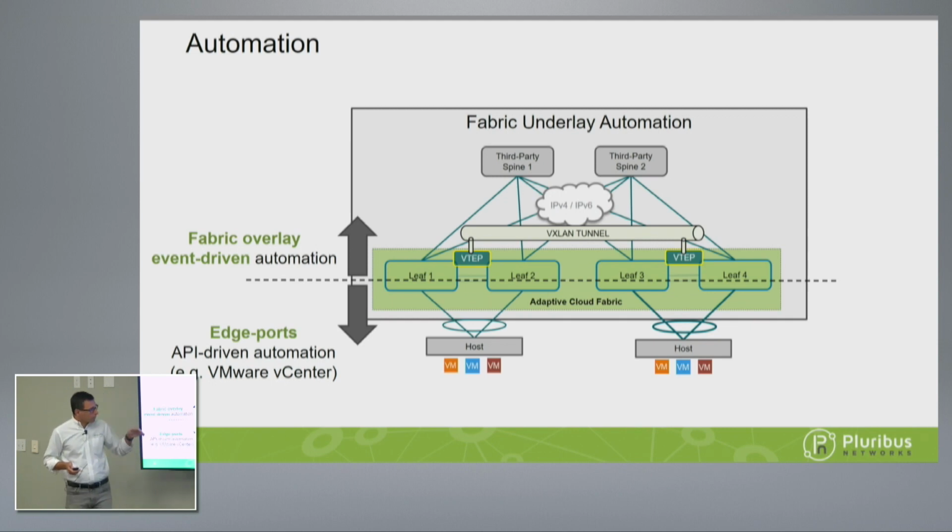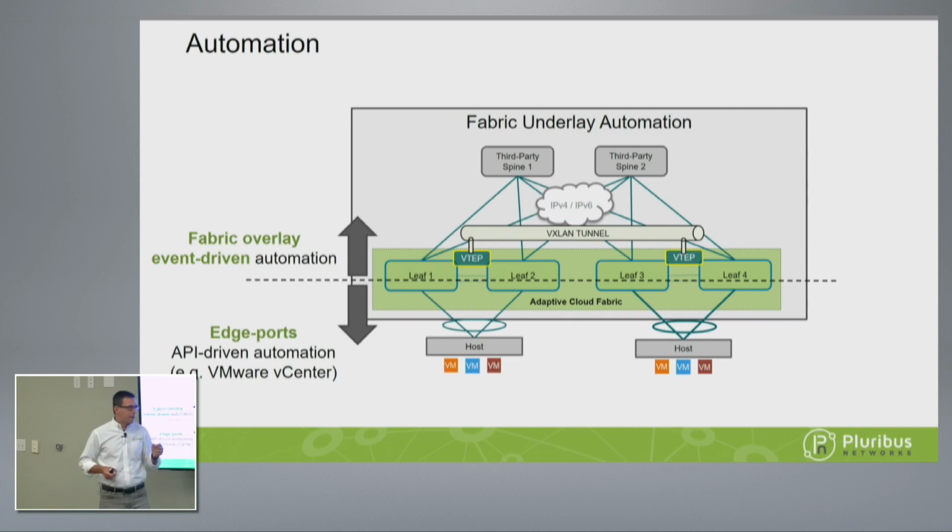Second, we have a level of automation which comes from, I call it here, edge ports automation. The classic example of vCenter provisioning VMs, attaching VMs to port groups, and then the VLANs get provisioned, the LAGs, et cetera, provisioned. This is obvious, right? It's, again, table stakes, right?